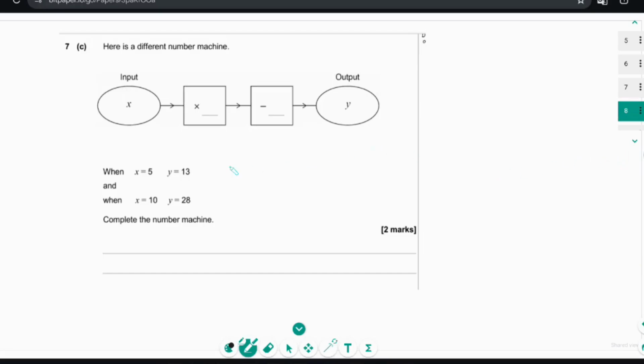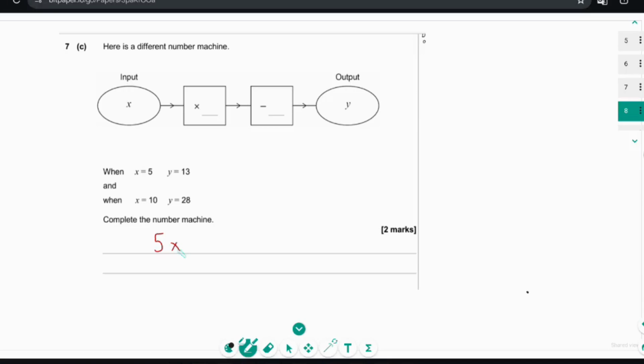Here's a different number machine. When x is 5, y is 13. And when x is 10, y is 28. Complete the number machine. Okay, we can just have a little guess here. So x times something, take away something is y. If x is 5, 5 times 1 is going to be no good, and 5 times 2 gives us 10.